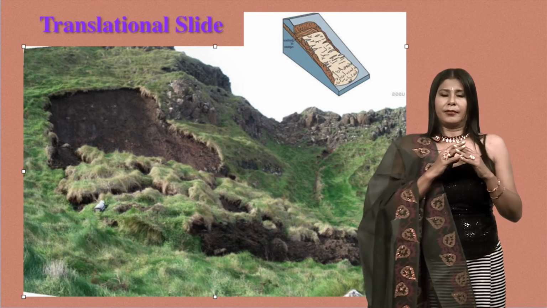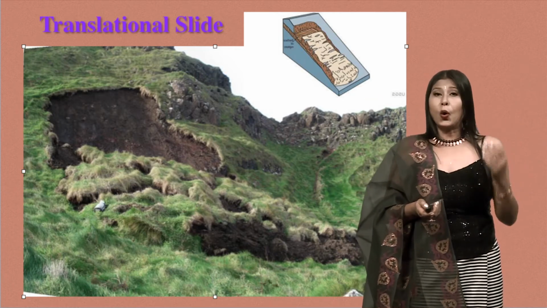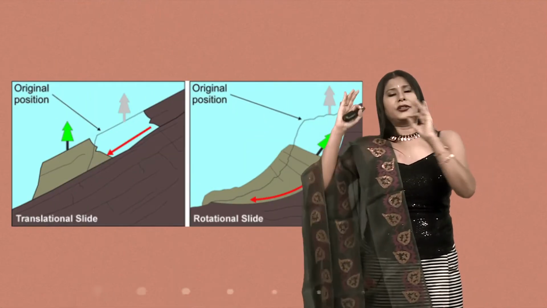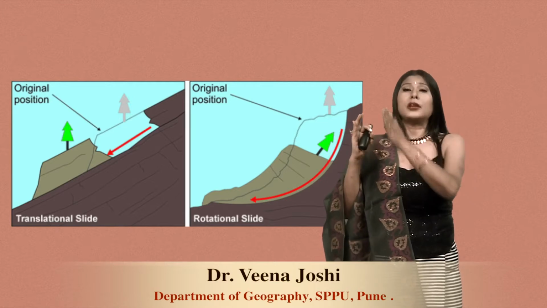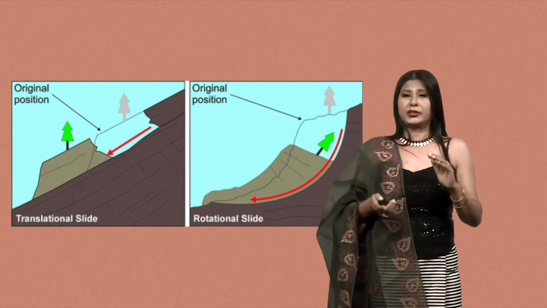Small hills or big mountain, wherever slope is there, it is happening all the time. So, the difference between translational and rotational slide depends on whether it is a curved surface or a straight and smooth surface.